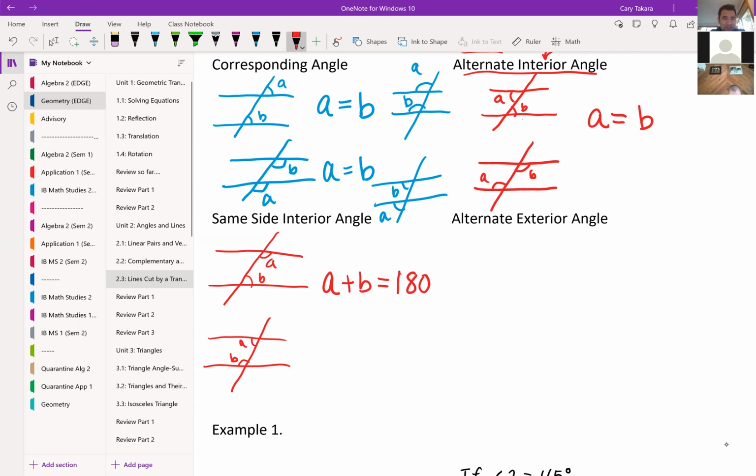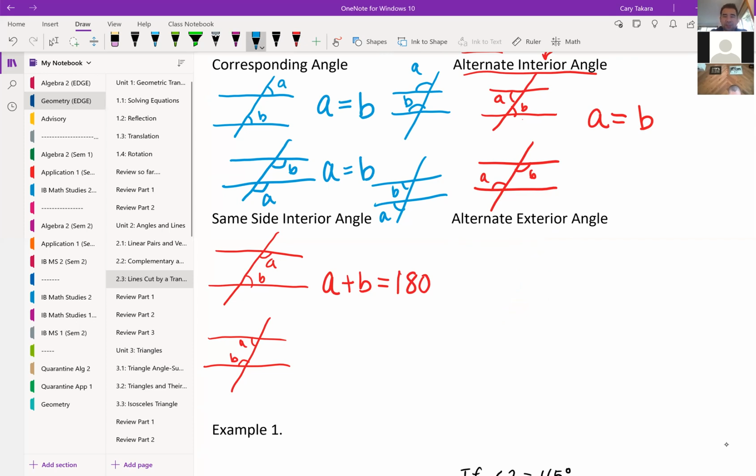The last question, alternate exterior angles. Alternate means one is on the left side, one is on the right side. And this time it is the exterior angle, which means outside of the parallel lines. So we are talking about, let's change the color here.